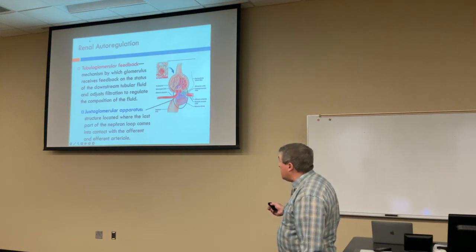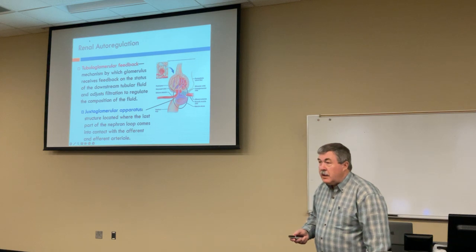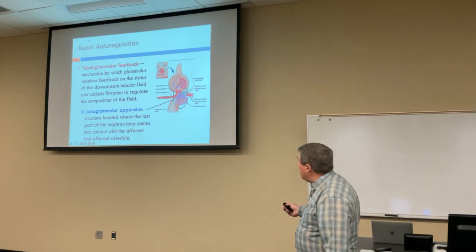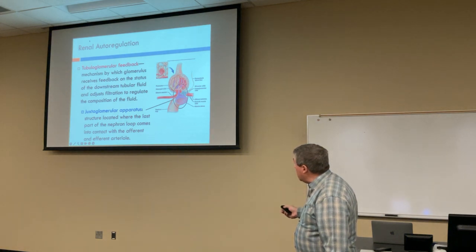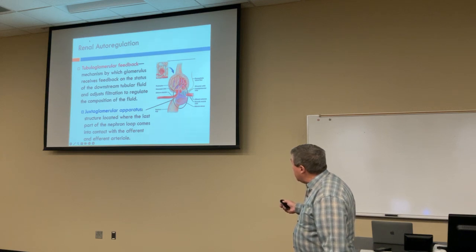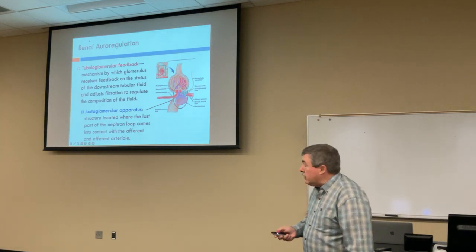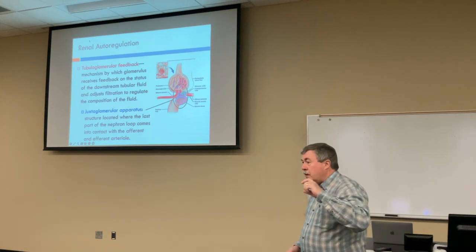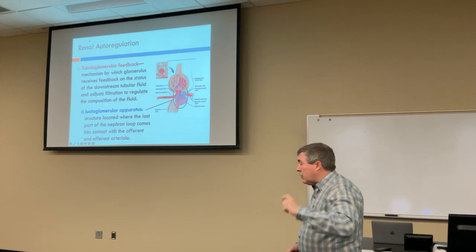Now, the macula densa is made up of some of the tubular cells right at the end of the nephron loop. And those tubular cells that are right next to the afferent arteriole are larger. They're longer.